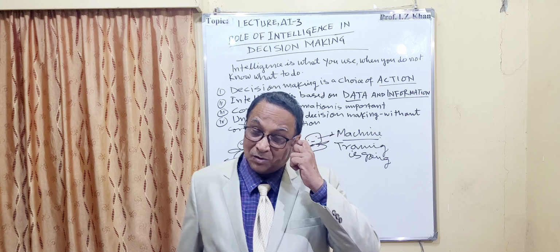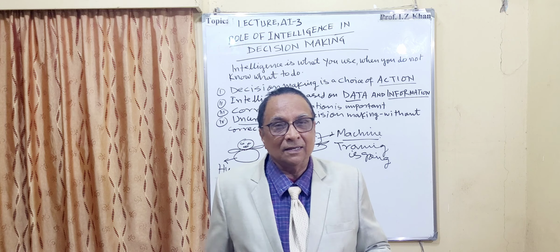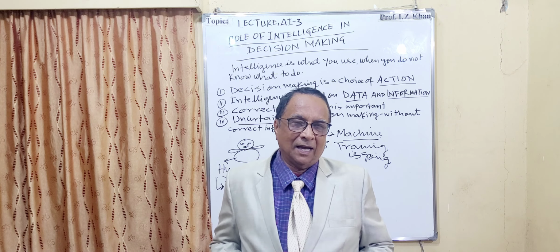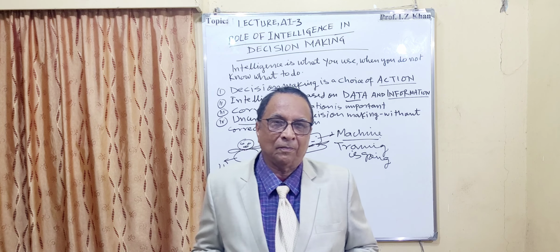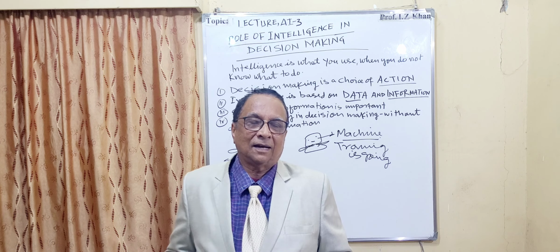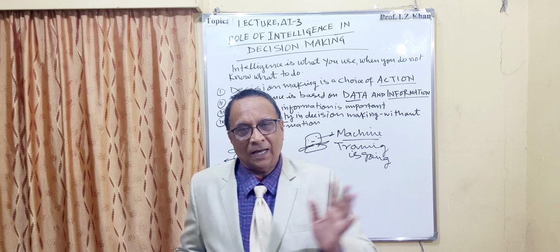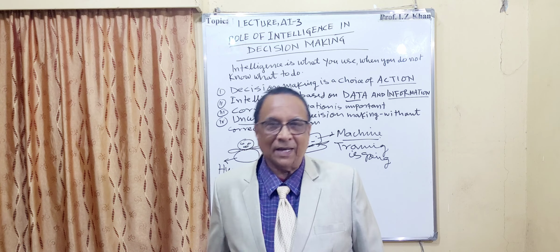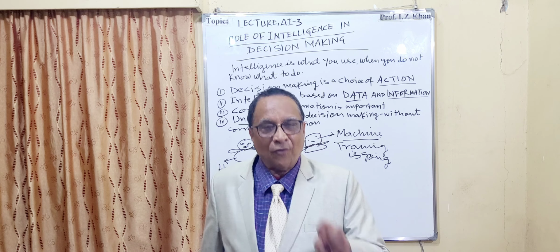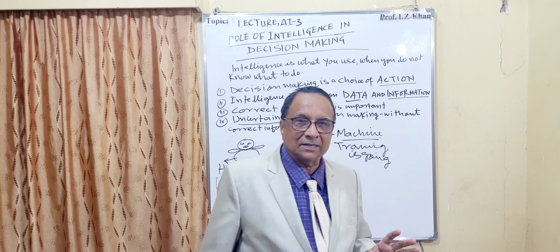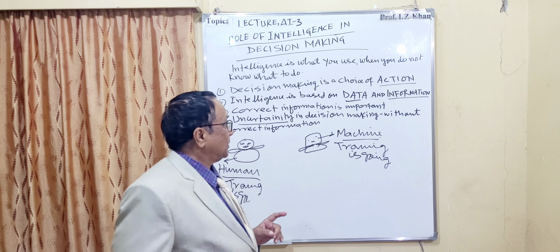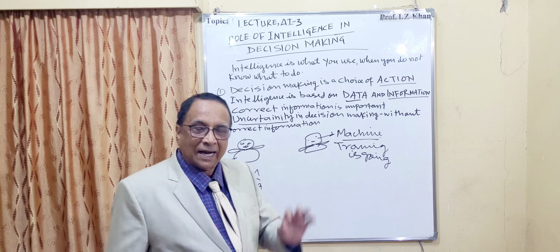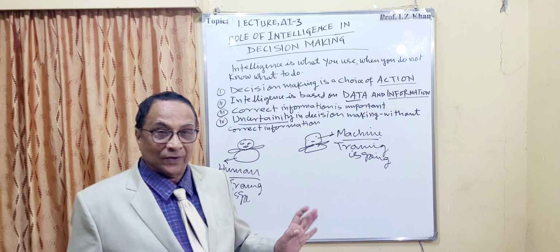A lot of scientists are involved in how to purify the data so that impure ones are filtered off and very specific ones are used for any of our decision making or any type of work. So data is very, very important, and it plays a very important role. And also, I have already told you, correct information is very important.